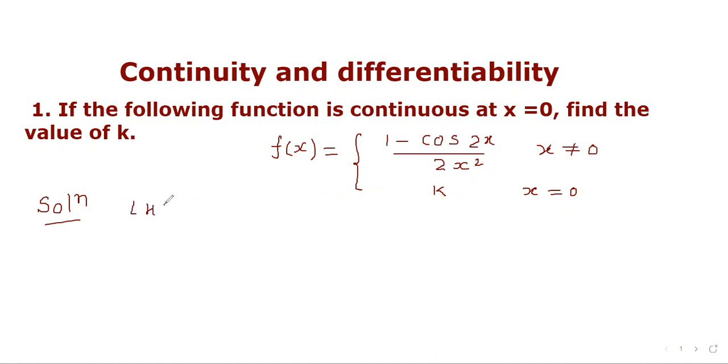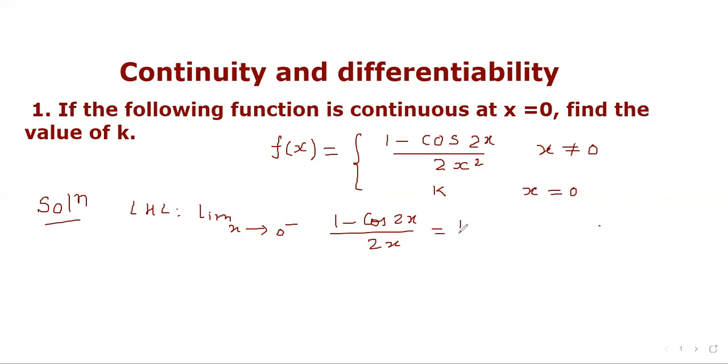So LHL, limit x tends to 0 minus, and we write the function: (1 minus cos 2x) divided by 2x square. And we know that cos 2 theta is 1 minus 2 sine square theta, or 1 minus cos 2 theta equals 2 sine square theta.